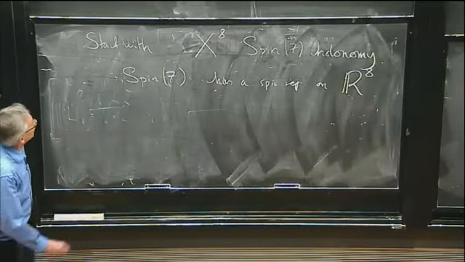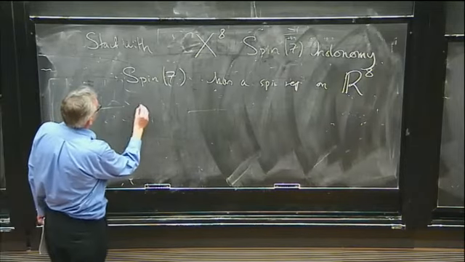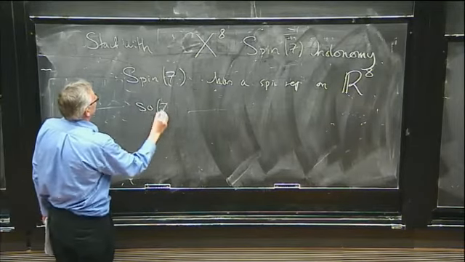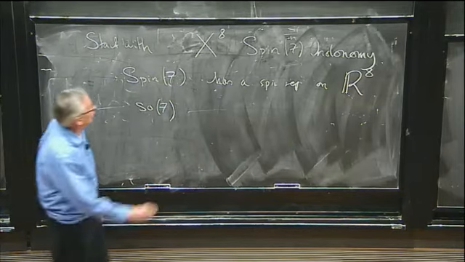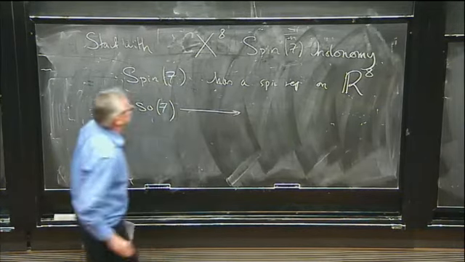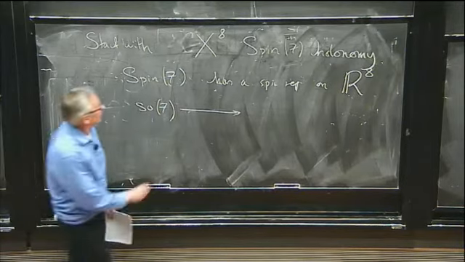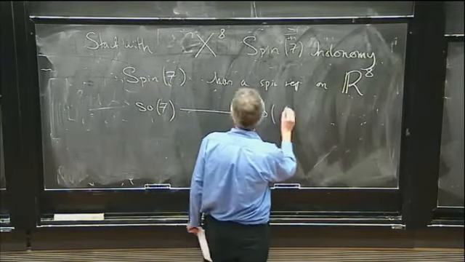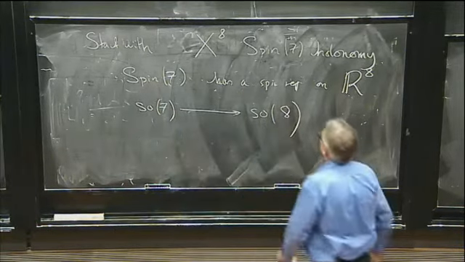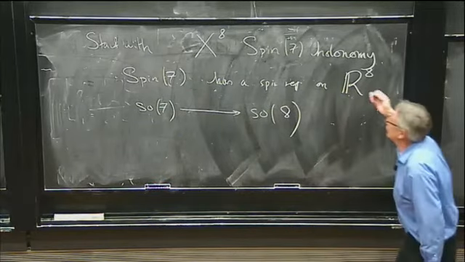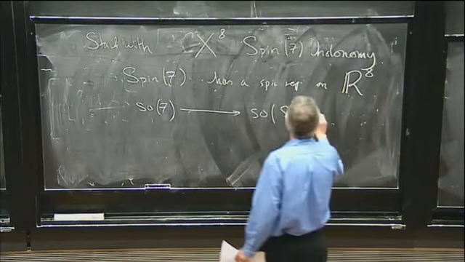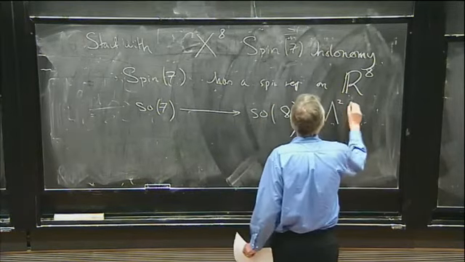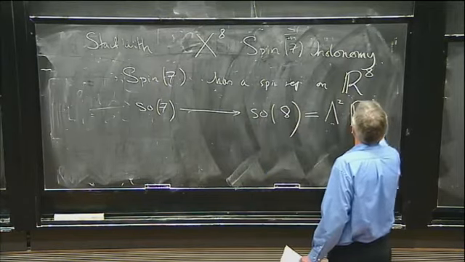And what does this mean? This means that we get a map from the Lie algebra of Spin(7), which is just the same as the Lie algebra of SO(7). It's clear this is an injective map into the Lie algebra of the orthogonal group in 8 dimensions, which we identify in the usual way with Lambda 2 of R8.